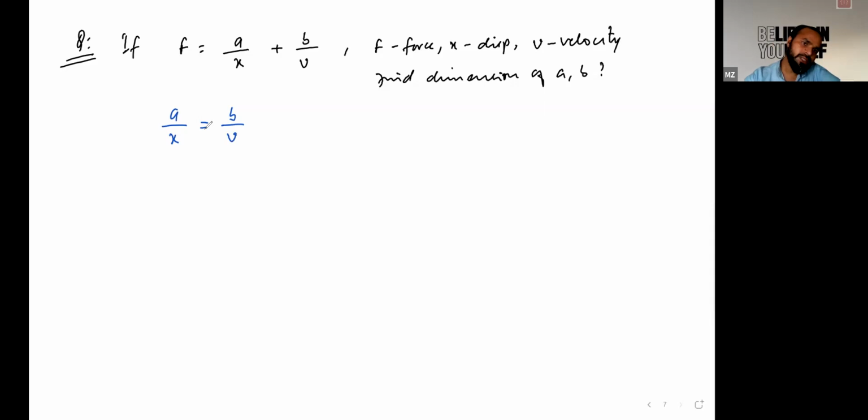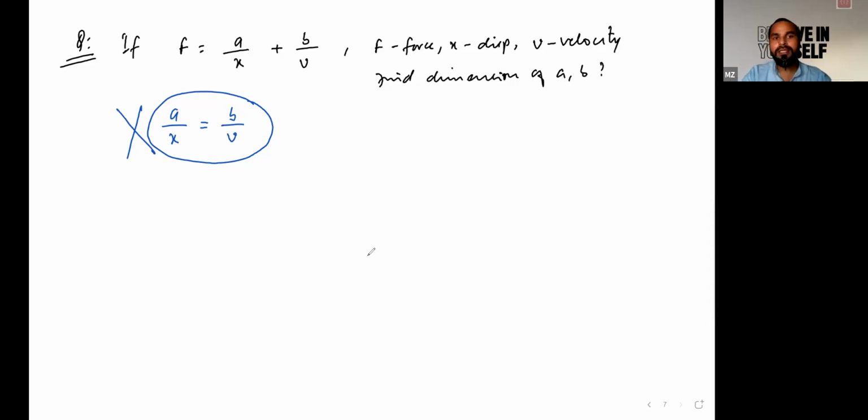But just check this particular equation. This is just one equation having two different variables, A and B. So we can't solve two different variables using just one equation. So this relation would be neglected.